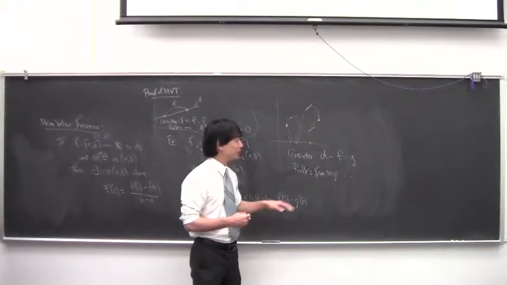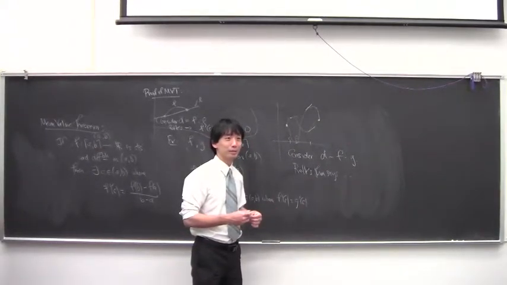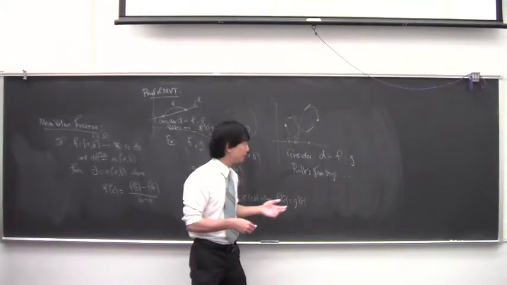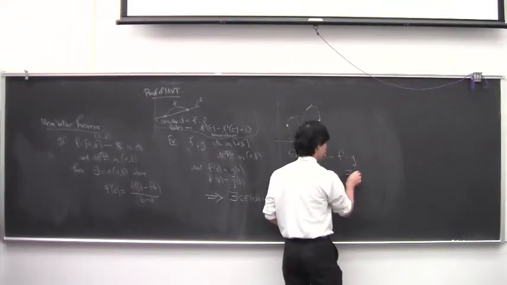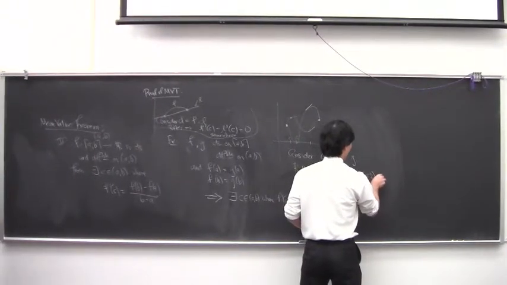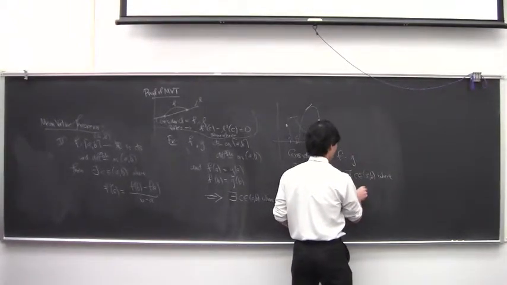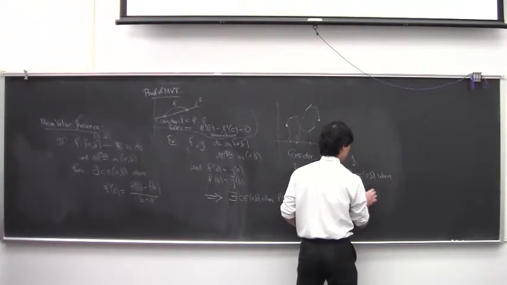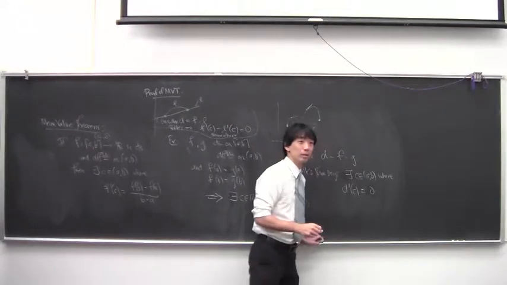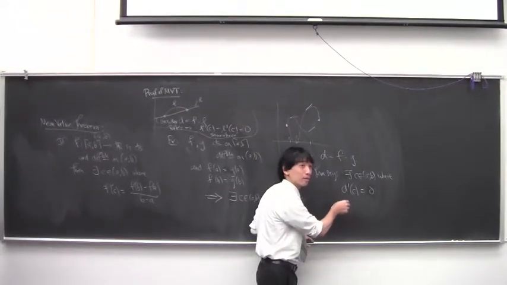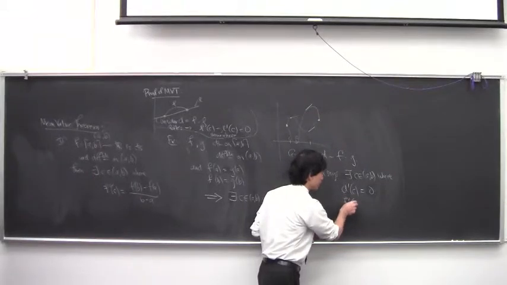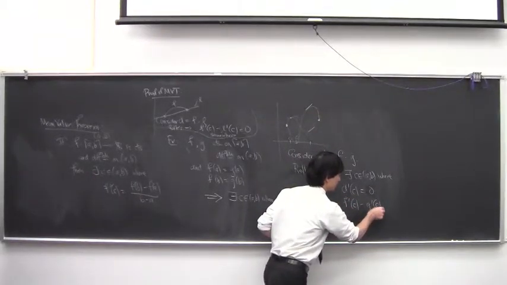What does Rolle's theorem say, Kimaya? That equals 0 somewhere, right? So there exists a place where d prime equals 0. In other words, f prime minus g prime equals 0.